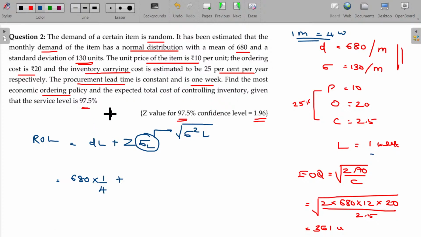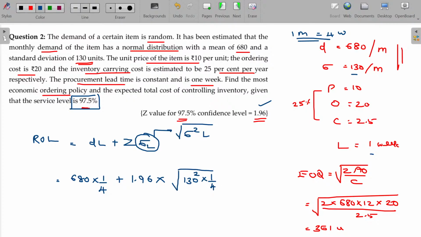Plus what Z will be taken? My service acceptance level is 97.5%. For 97.5%, Z will be 1.96, multiplied with standard deviation square for the lead time. Here 130 to the power 2, lead time being 1/4 month.